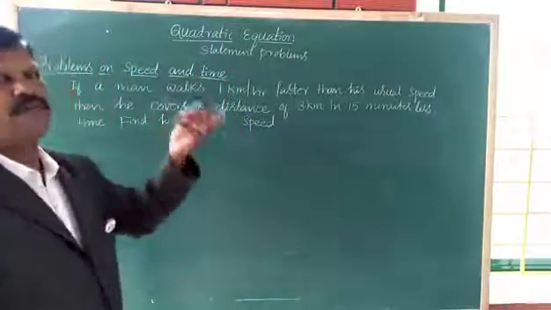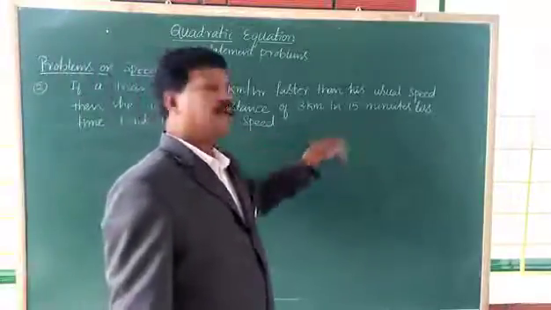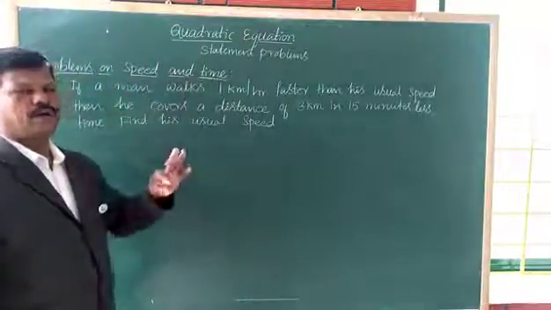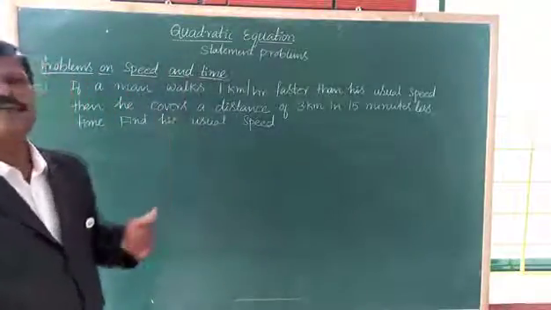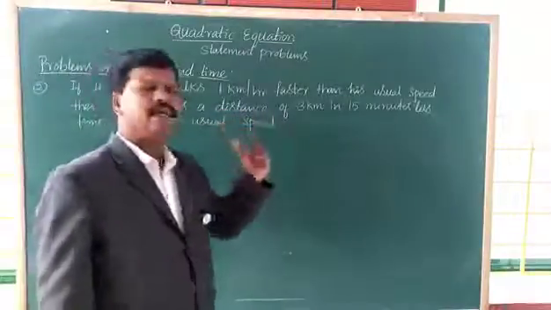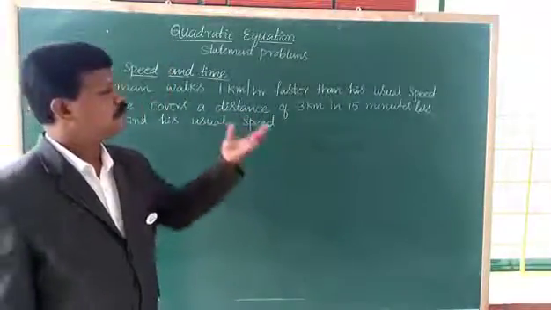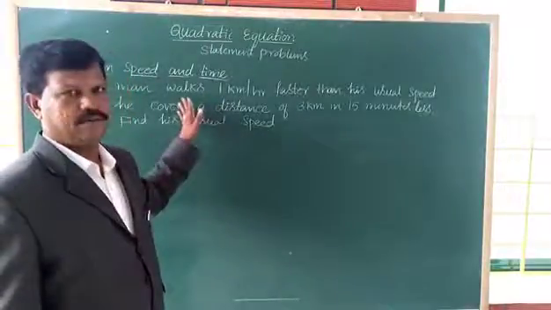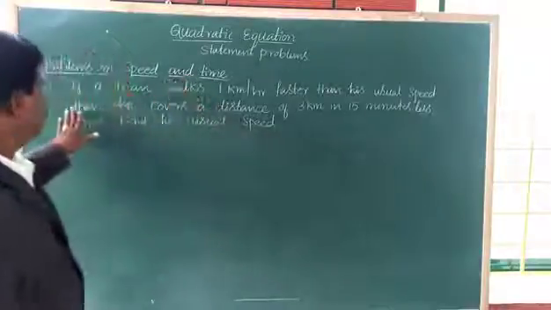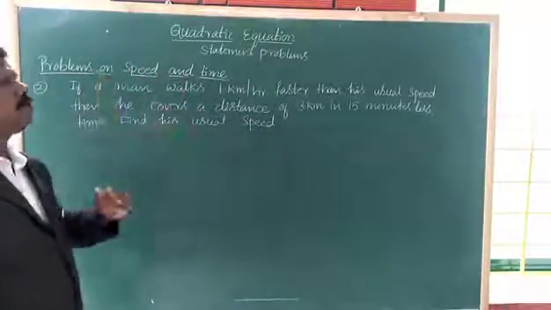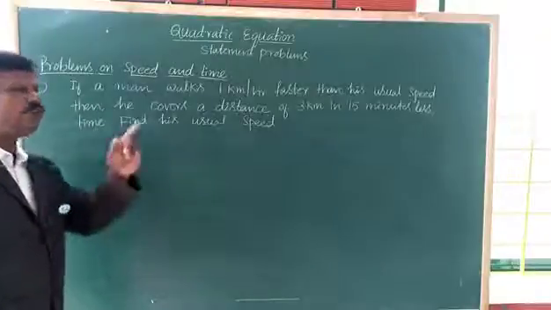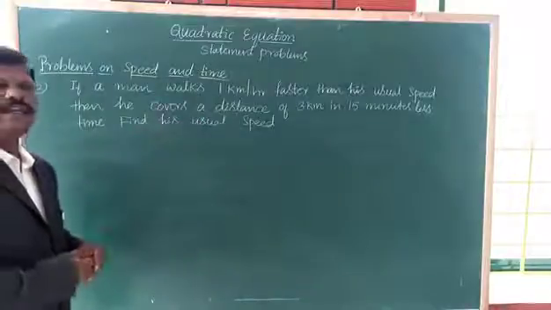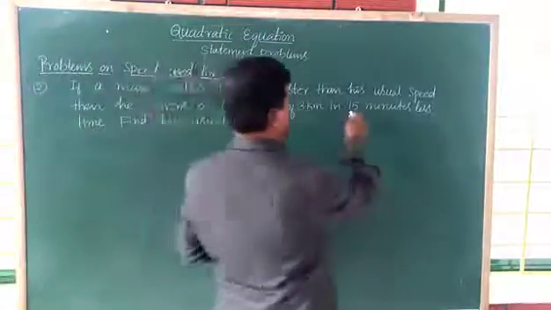Just compare with your daily life. You are coming to school from your home by walking to catch the bus. One day it is late, right? So to catch the bus, you should walk faster. Clear? So like that, a man walks 1 kilometer per hour faster than his usual speed, then he covers a distance of 3 kilometers in 15 minutes less.